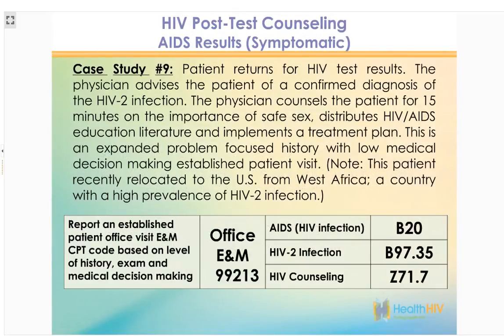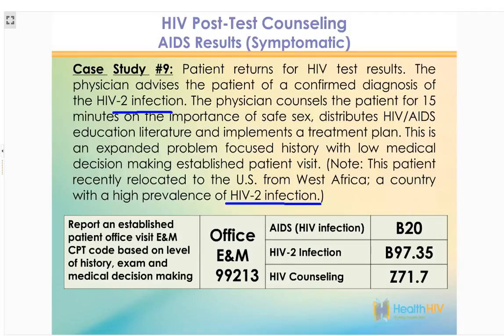This patient presents for their results, and the physician advises the patient that they have the HIV-2 infection. We said that the HIV-2 infection is not common here in the U.S. There's a note at the bottom that says the patient recently relocated from West Africa, which is one of the countries that has a high prevalence of the HIV-2 infection.